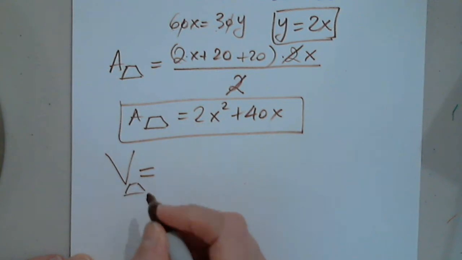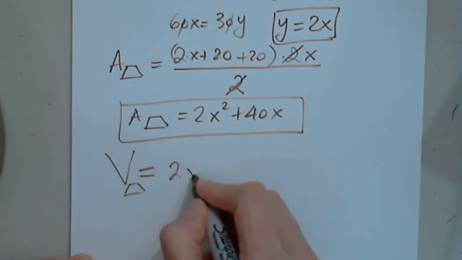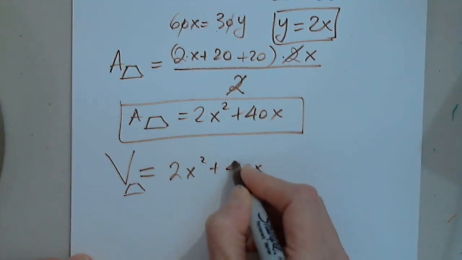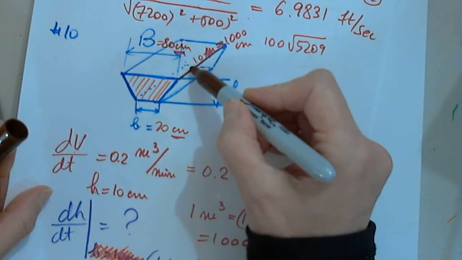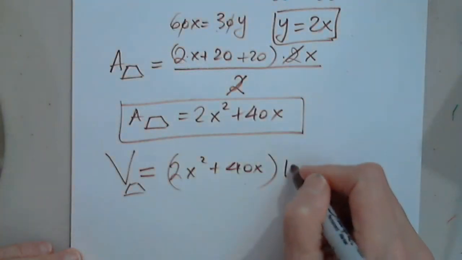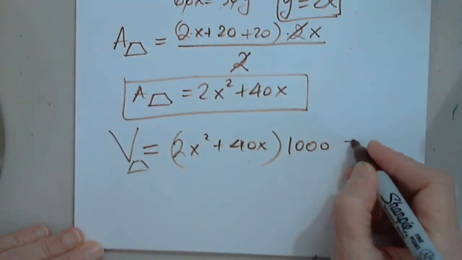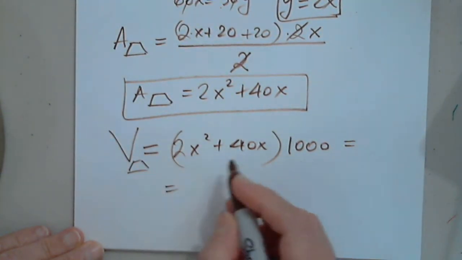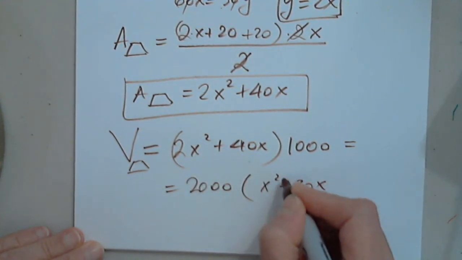The volume of a trapezoid of water is the area of the base times the whole height, 1,000. That's the volume. You can distribute or not, or you can just factor out 2. So it's 2,000 x squared plus 20x.